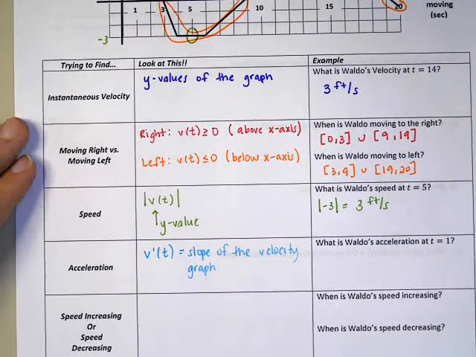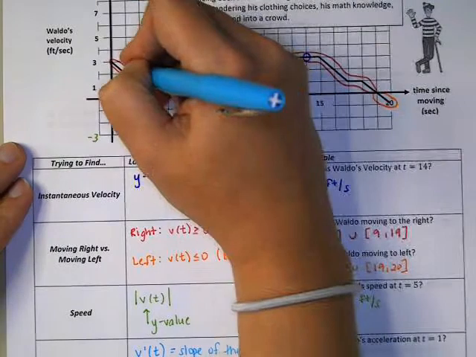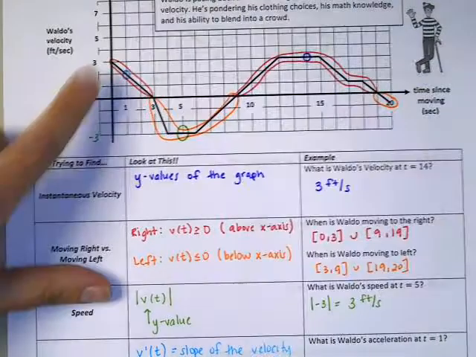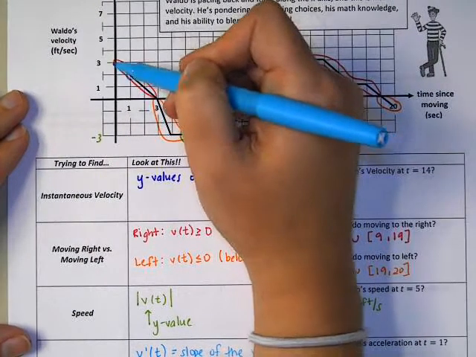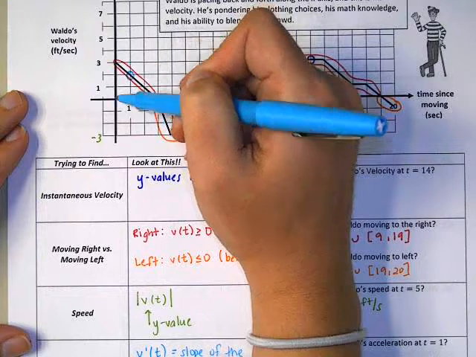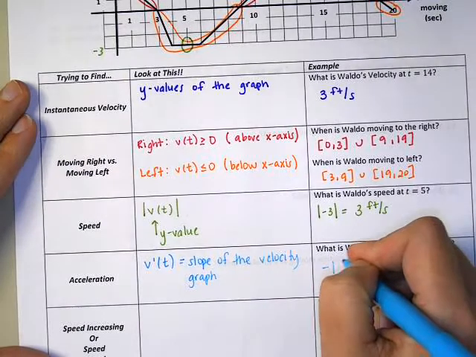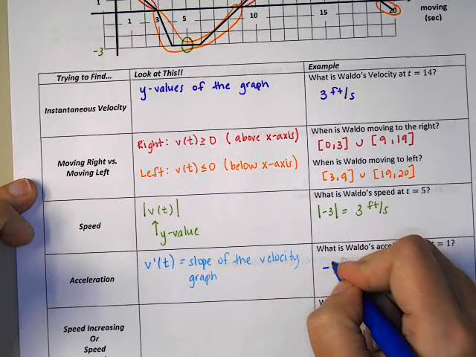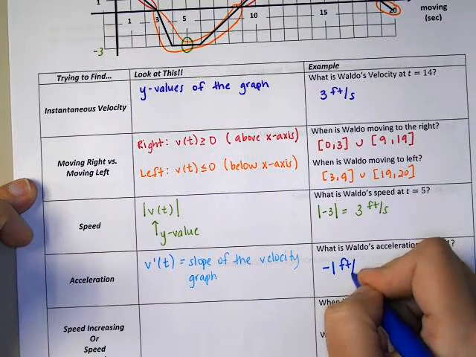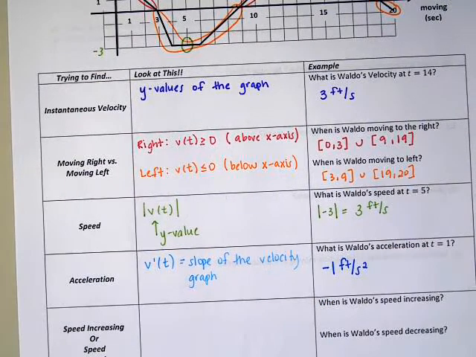So if I say, what is Waldo's acceleration at t equals 1, t equals 1 is right here, and this section of the graph has a slope of negative 1, because to go from here to here, you would go down 3 over 3, so the slope would be negative 1. Now my units here, my pen is dying a little bit, golly. So my units here would be negative 1 feet per second squared.